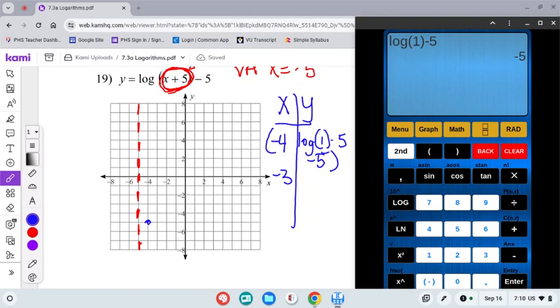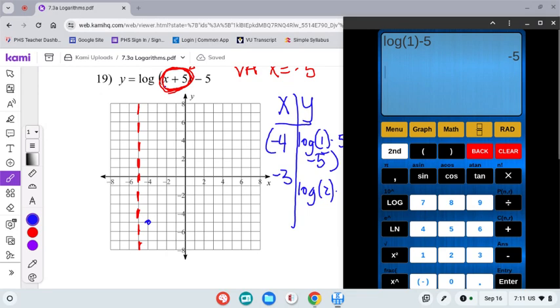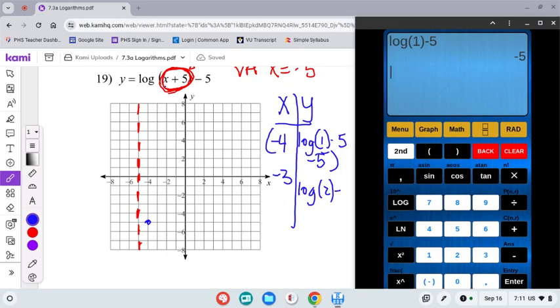Okay, so let's try -3. If I plug -3 in right there for x, -3 plus 5 is 2. I'll have log 2 minus 5. Oh my gosh.